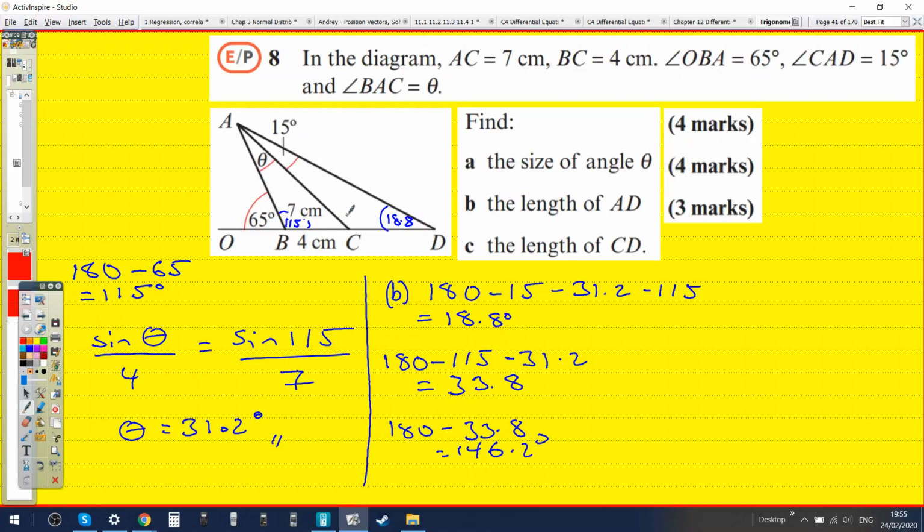And then if we do like... do we not need AB here? We don't know what AB is. But AC is 7.